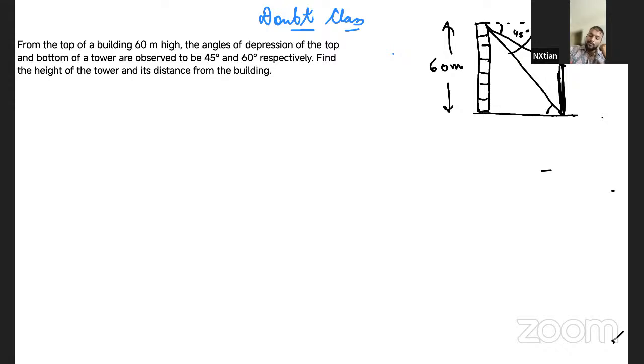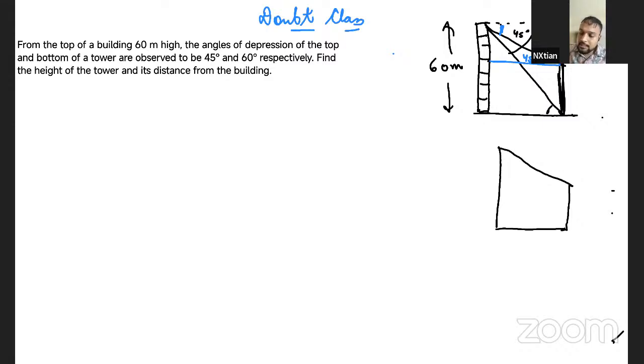Now we have to calculate it. So the diagram is going to look like this. I'll make the diagram one more time. Now remember one thing. If this is 45, then this is also 45. Why? Can anybody tell me why this is 45 degrees? Because of alternate interior angles.